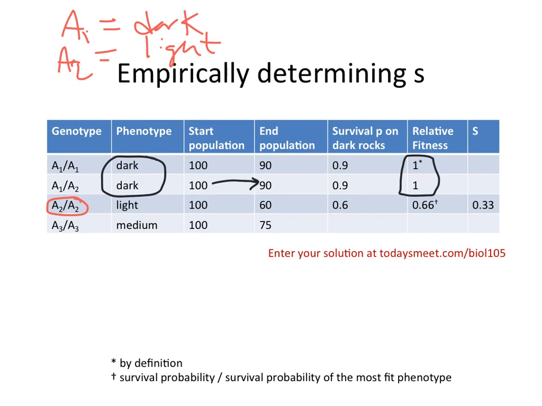So the most fit population has a relative fitness of 1, but its survival probability is the ratio of 90 to 100, or 90%. So the survival probability, little p, of the best fit population is 90%. If you're optimal, your best chance is 9 out of 10 that you don't die.